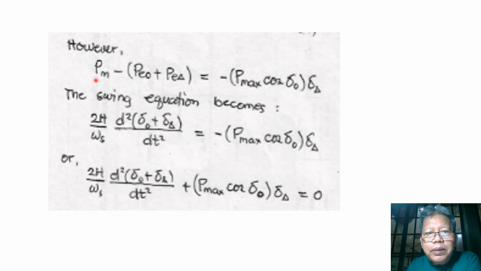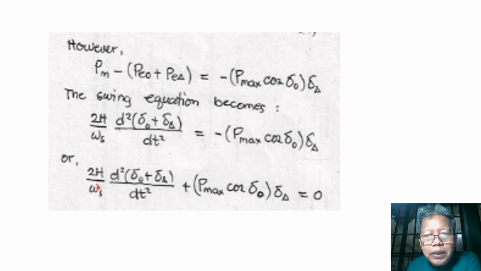Now, however, PM minus PEO plus PE delta is equal to minus P max cosine delta O delta delta. So our swing equation becomes 2H over omega s, second derivative of delta O plus delta delta over dt squared, equal to minus, instead of PM minus PEO plus PE delta, we substitute this term, which is minus P max cosine delta O delta delta.